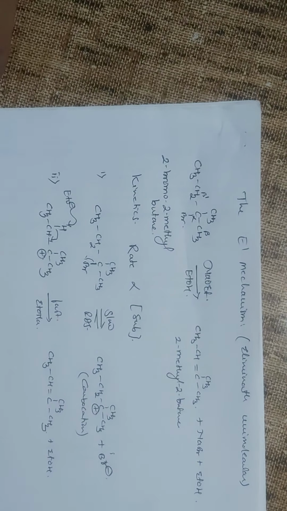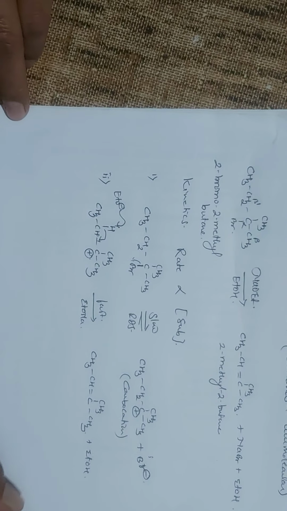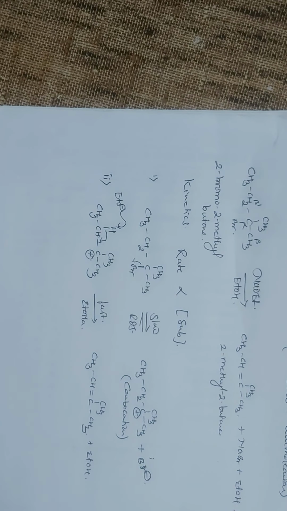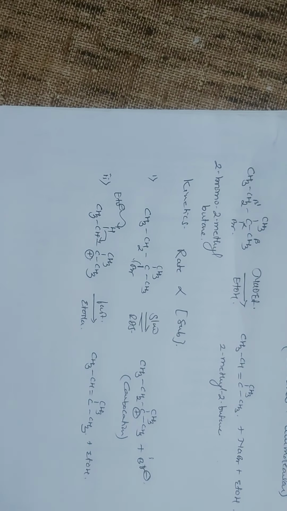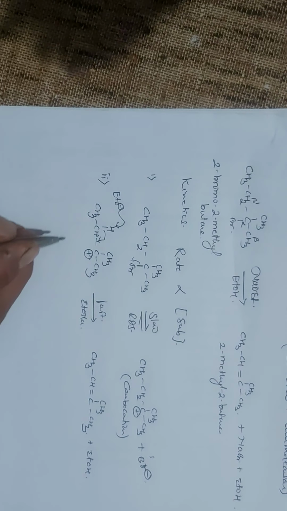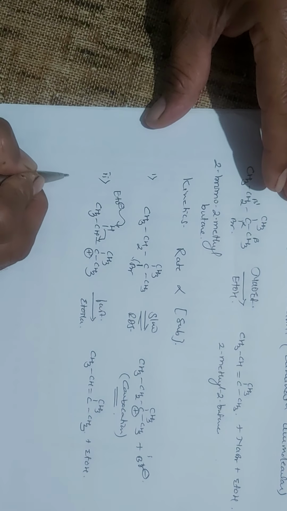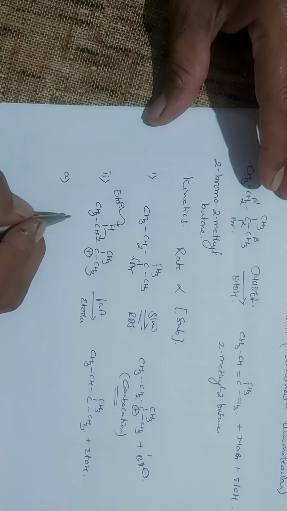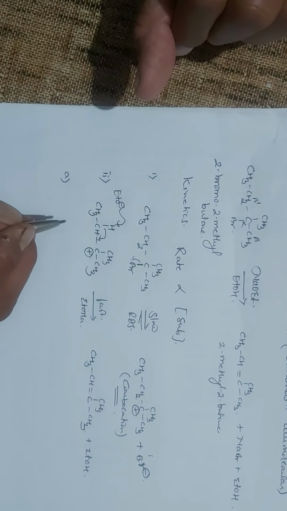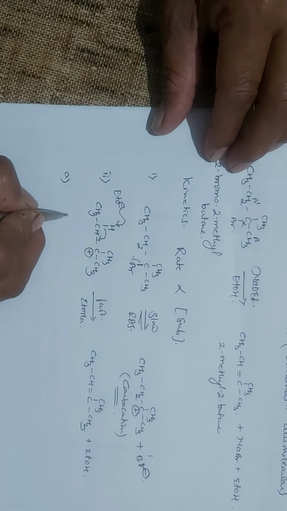So what are the things that we can observe in this? In the first step, the formation of the carbocation is taking place. The first step is slow and the second step is fast. So what can happen here? We say that elimination is occurring, but the intermediate which is obtained can combine with the nucleophile sodium ethoxide and give you a substitution product.